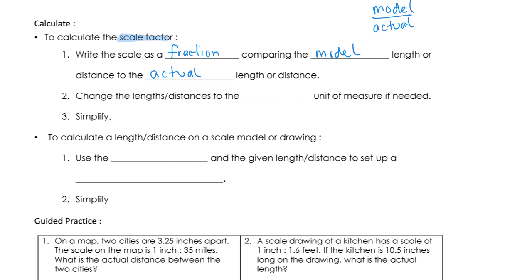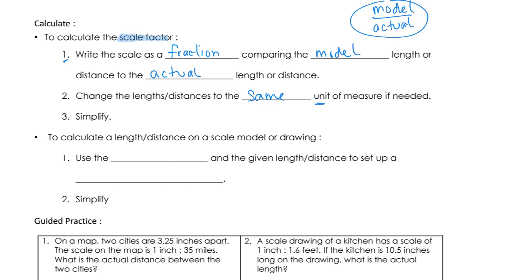That'll be really helpful to remember, model over actual. And that's all this is saying. Then you want to change the lengths or distances to the same units. Remember, we said that back on the first page, that scale factor has the same units. Okay, and then we simplify.